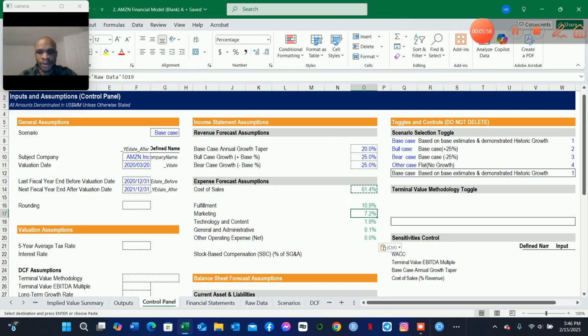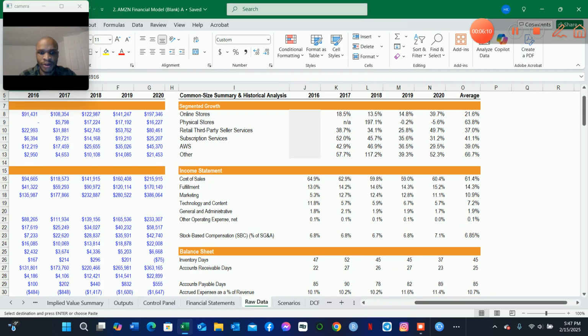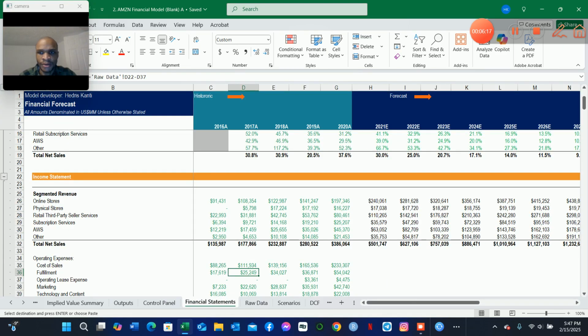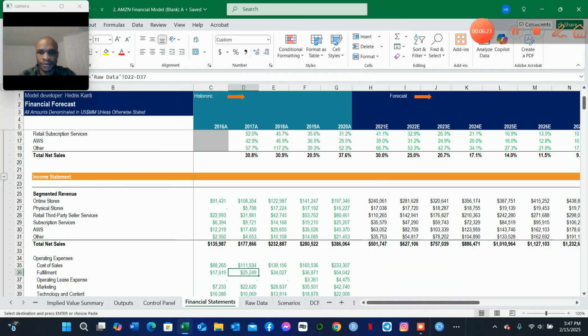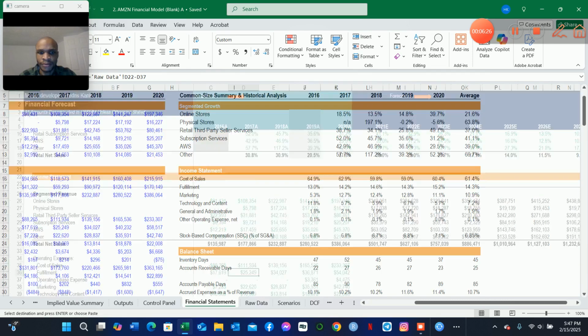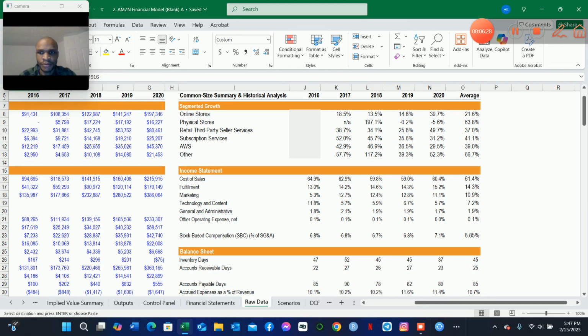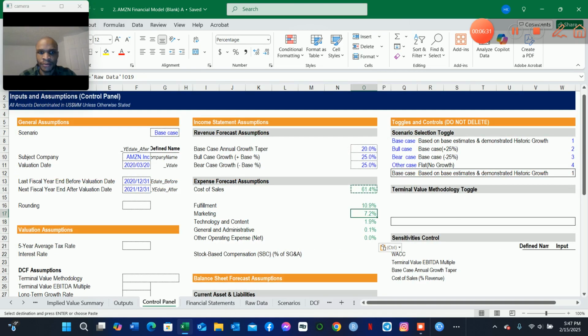We can switch back to make sure that we are doing it right. Fulfillment. So we have to make sure that we are copying it right.